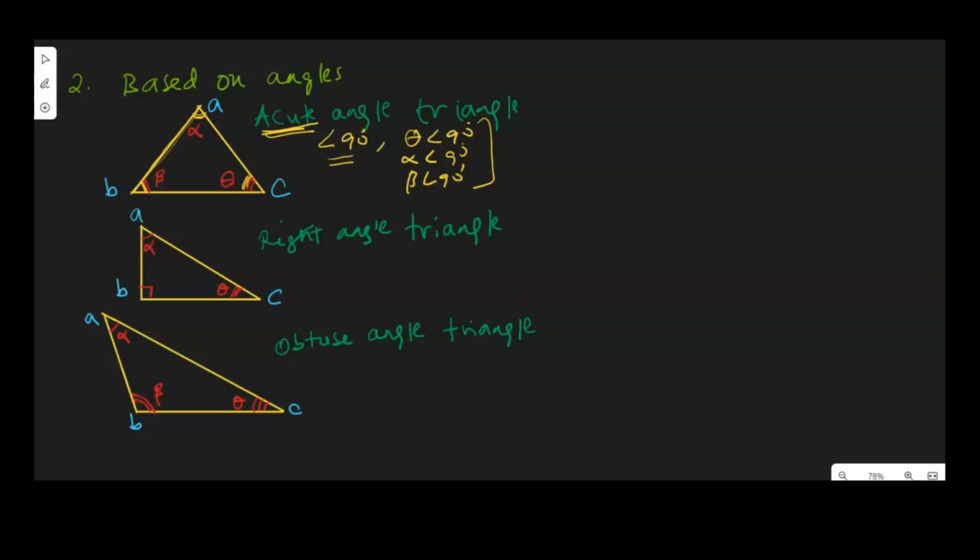If you consider this as a vertex of a triangle, side AB and side AC are equal, and also the angles opposite to these sides, that means beta and theta, must be equal. So an isosceles triangle can be an acute angle triangle because all its angles are also less than 90 degrees.